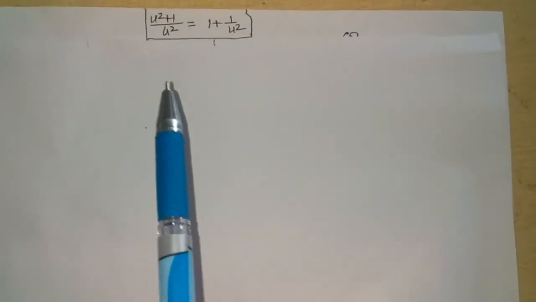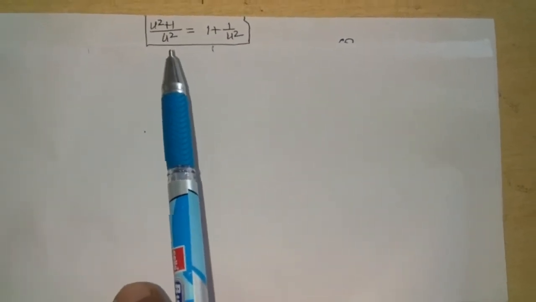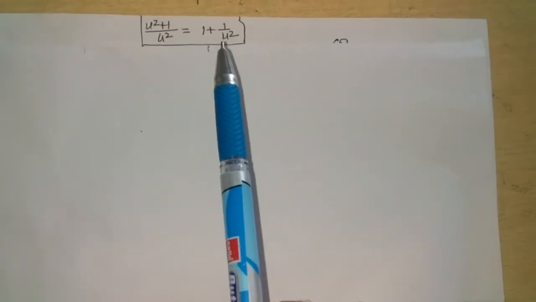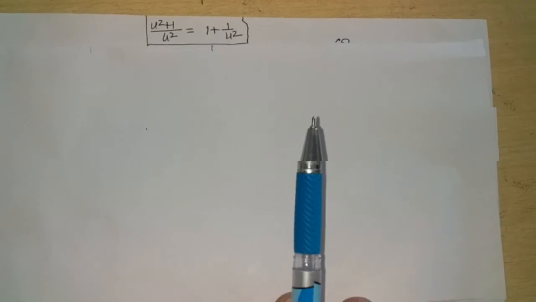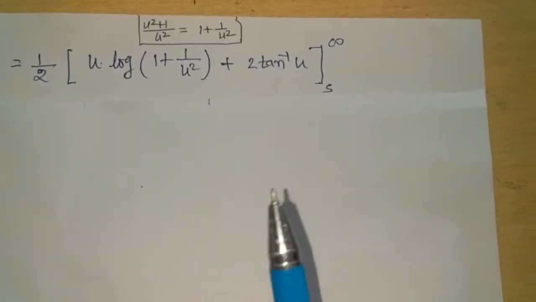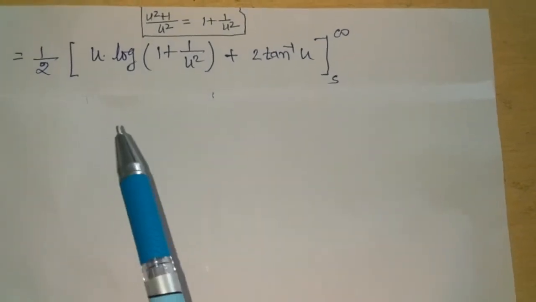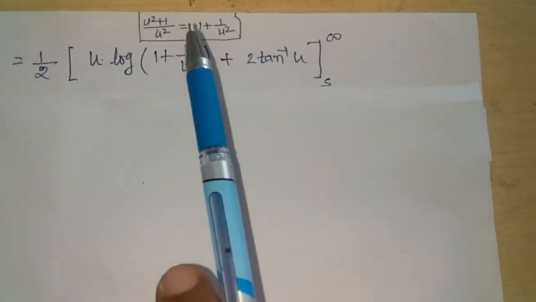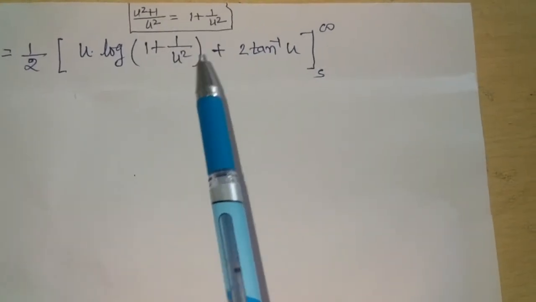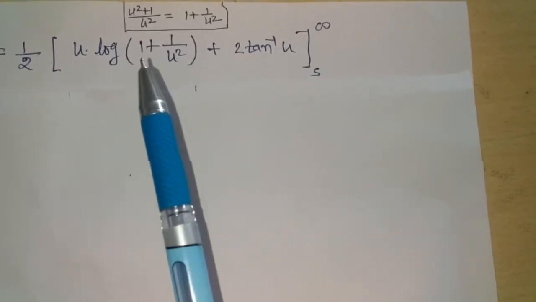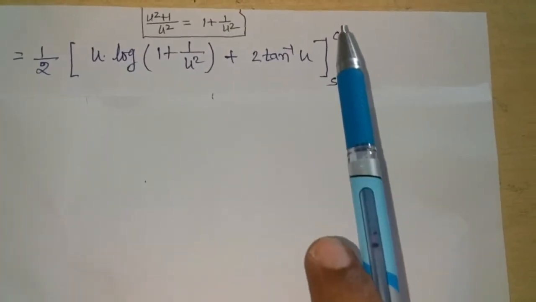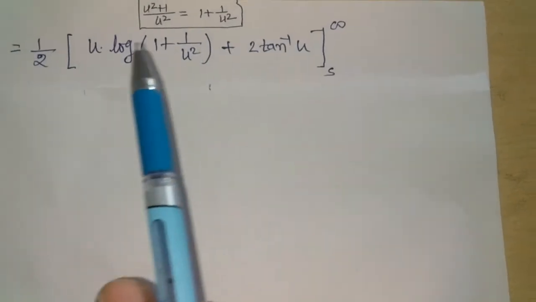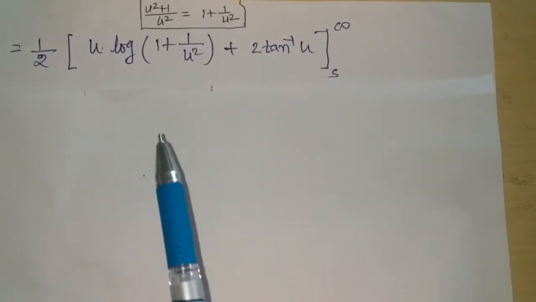Since (u² + 1)/u², we can write 1 + 1/u² by separating the LCM. So we write 1/2 [u log(1 + 1/u²) + 2 tan⁻¹u] s to infinity. Now we put the limit of integration in this expression.